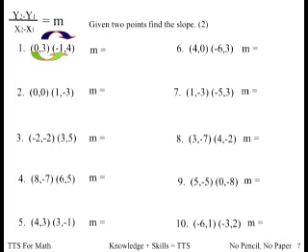Are we going to count up or down? That's for you to figure out. Now, on the bottom, we draw a little line like a moon, a fourth of a moon, half of a moon, however you want to look at it. But we're going to go from 0 to negative 1. Remember, the 0 is x, so that's the change in x, and the change in x goes on the bottom. Y on top, x on bottom.